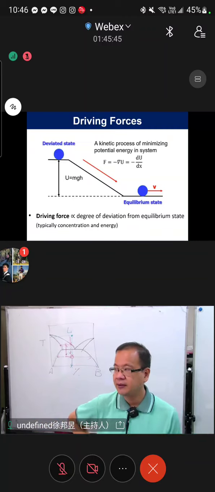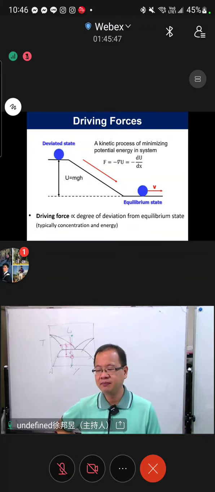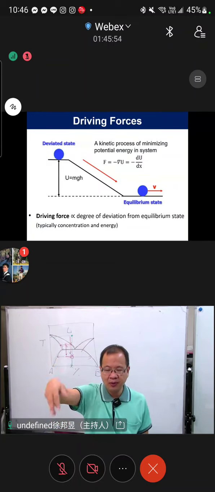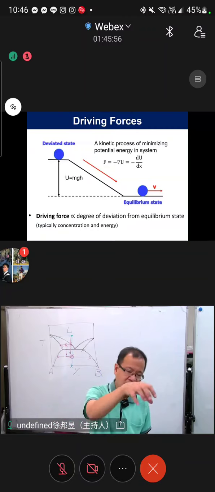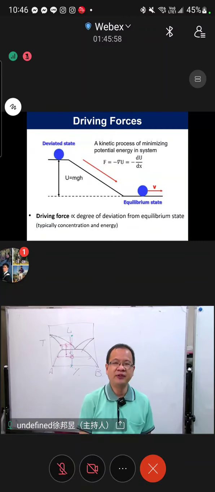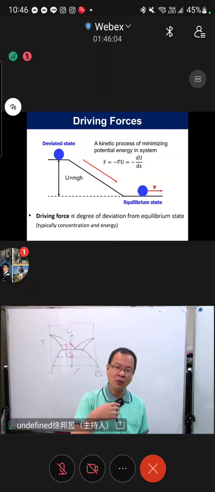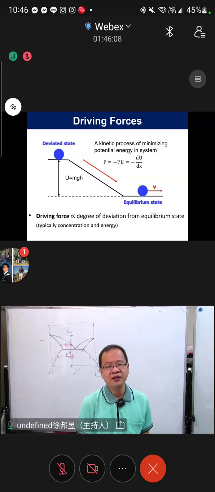Now look at the comparison to your fundamental physics. You take a ball up high and drop it, the ball will drop, or you put it on the top of a steep slope, and then the ball will roll down the hill. So that's an energy difference driven by the gravity potential.